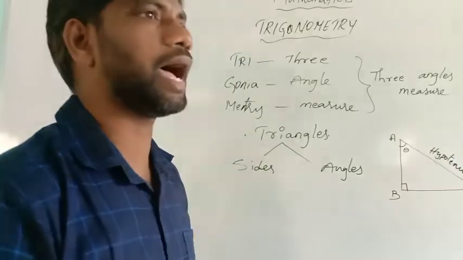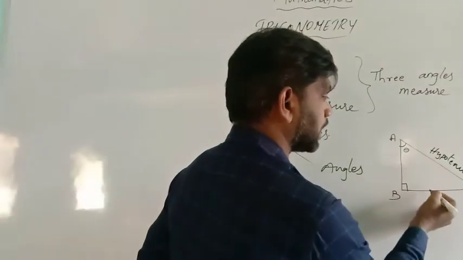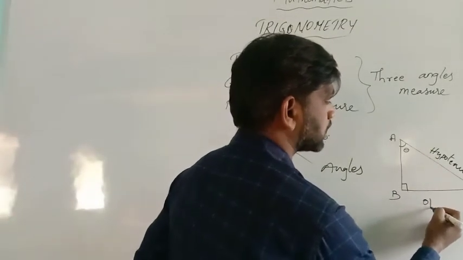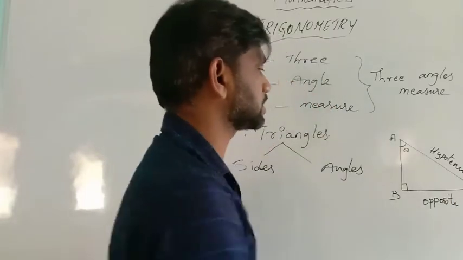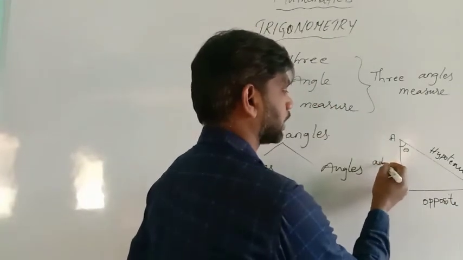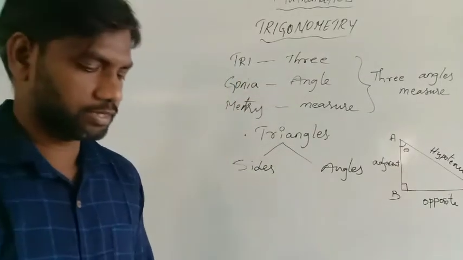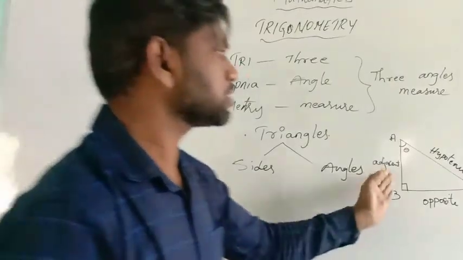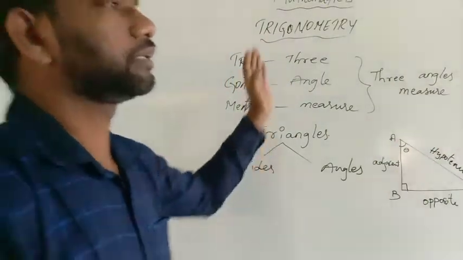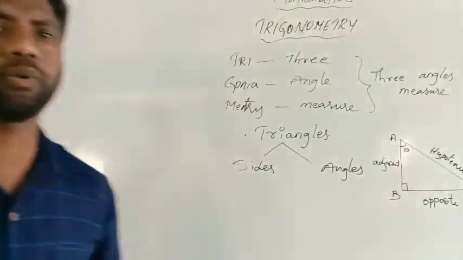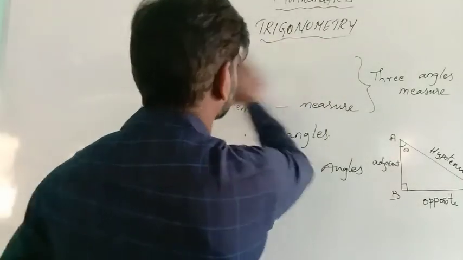The line segment opposite the acute angle is called the opposite side, and the remaining side is called the adjacent side. Based on these 3 sides we can identify the angles also. We will see what the angles are.